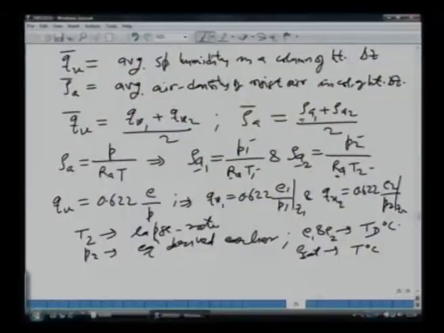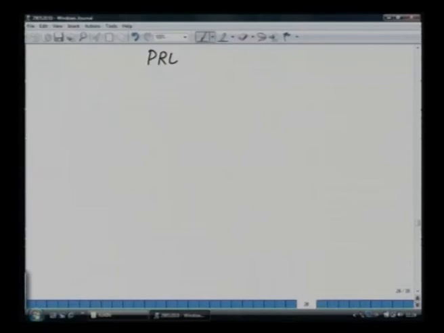Okay. So, with that, we will move on to a slightly different kind of topic in which we will look at some more theoretical aspects. This was more practical. So, we will look at the formation of precipitation. Okay.